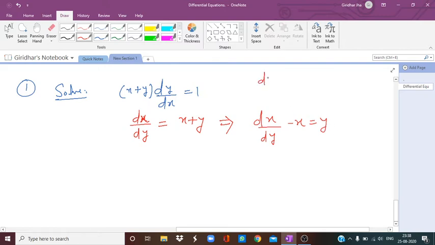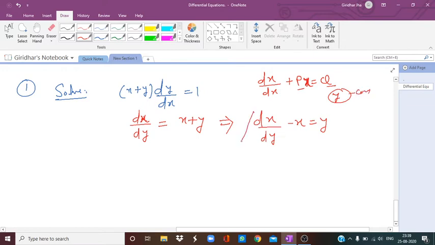As we know the second form, dx upon dy plus px equals to q, where p and q are functions of y. So now we have got this, or constant also, functions of y and constants.